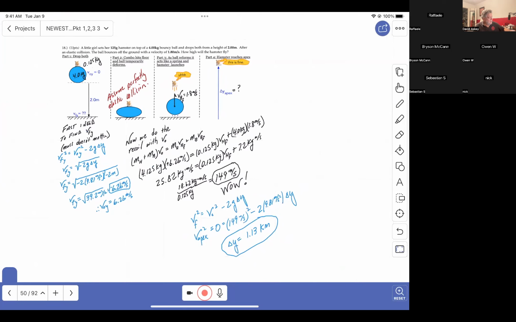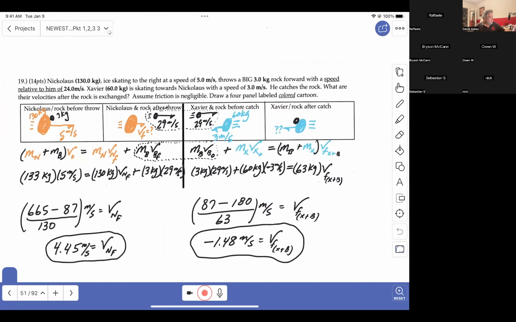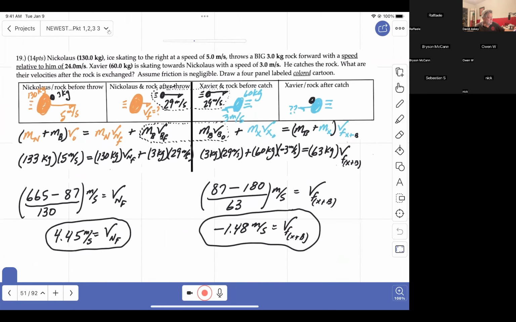Okay. Last one. This, once again, I might have made a mistake. I was talking to the insurance man. This is going on. Nicholas and Xavier, are we agreeing with this?